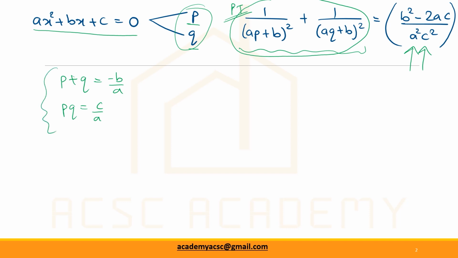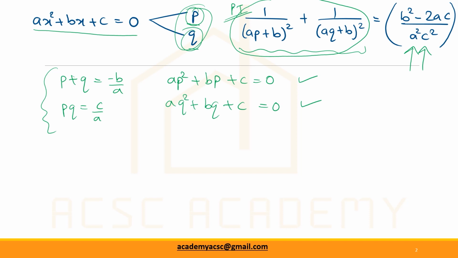We'll think for a little more time, and then the idea would have struck you that if P and Q are the roots of this particular equation, then we can definitely substitute them in it. It will satisfy, such as aP square plus bP plus c equal to 0 and aQ square plus bQ plus c equal to 0. Both of these would be holding true.